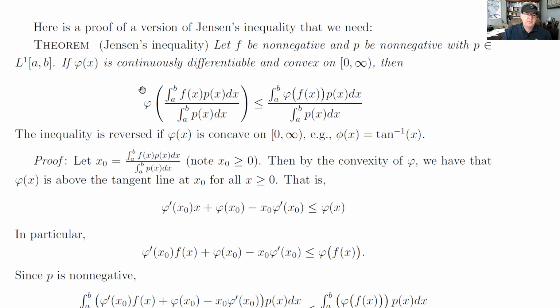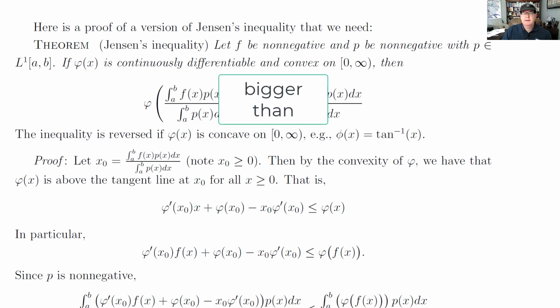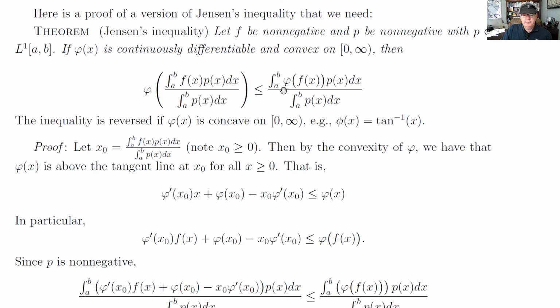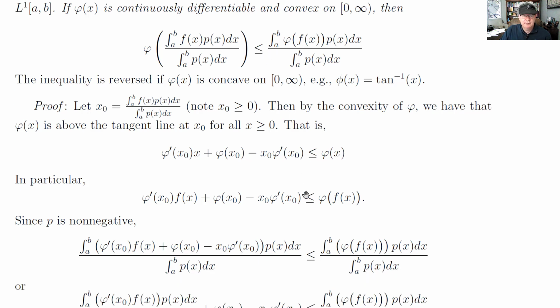So the arctan, and then p will be either 1 or square root of 1 plus f prime squared, or f prime, to get my averages. So the arctan of the average slope is going to be larger than the average angle, the arctan of the slope. For this version with concave up, I followed the main line here.